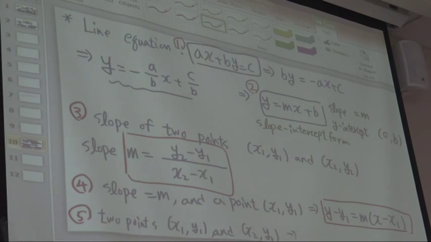When the 2 points are given, we can find the line equation, y minus y1, equals the slope m, which is now y2 minus y1 over x2 minus x1, times x minus x1. This is like a summary of the whole line equation.